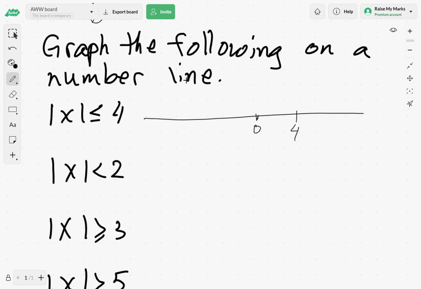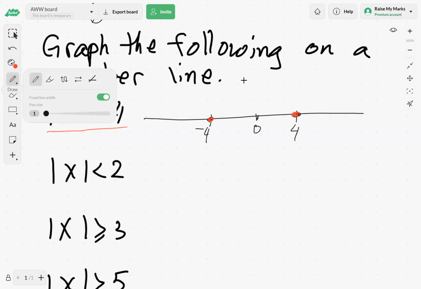And we're going to look at the numbers 4 and -4. Since we have a less than or equal to sign, we're going to include the values 4 and -4. Why don't we use a different color? Good. And now we have to consider all the possible values of x on either side of 4 and -4 that will satisfy this inequality.